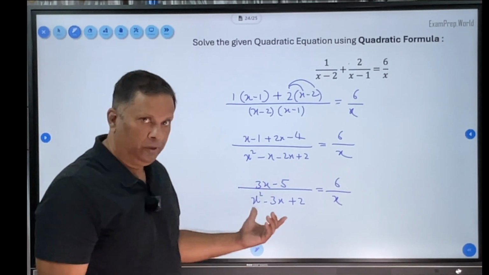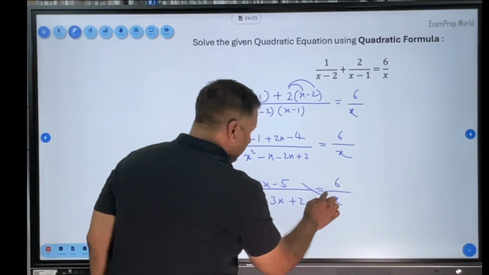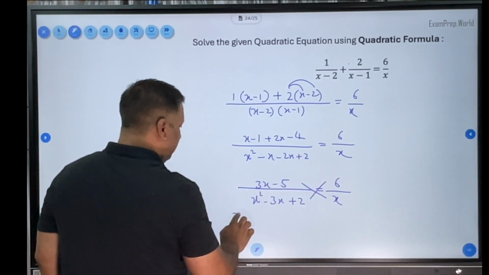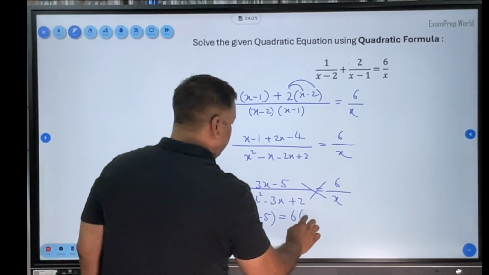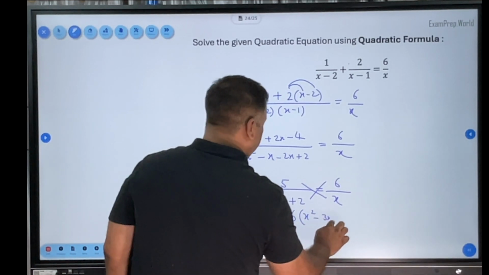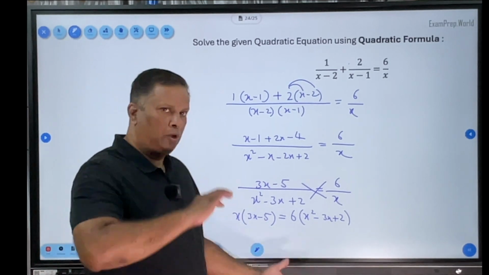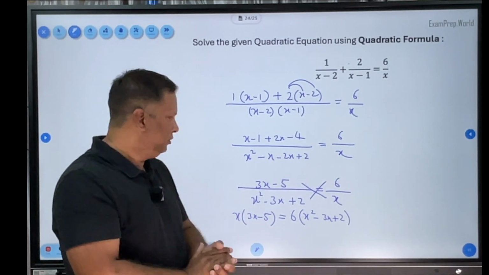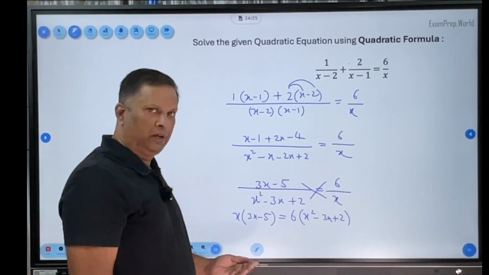Right? What do we do here? Cross multiply once again, like this. So x times this, I can write x into (3x minus 5) equals 6 into (x square minus 3x plus 2). Are you seeing that it is slowly trickling down into a quadratic? Okay, let's solve this further. You want to pause the video and write up to here, write it.